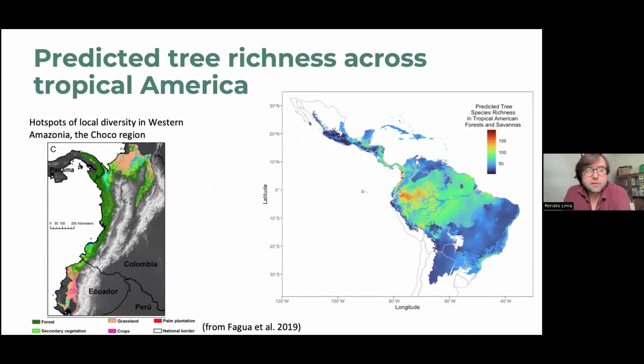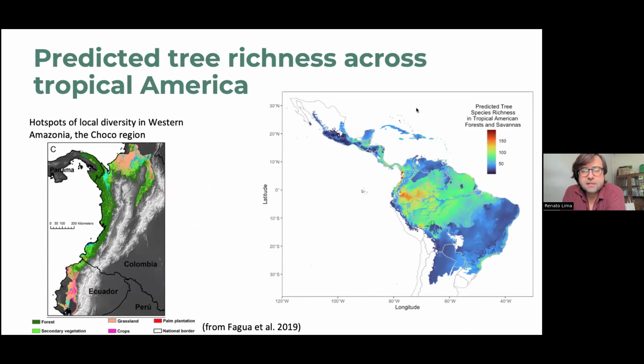So when we think about species diversity and particularly tree diversity in Latin America, we always think of the Amazon, and we could confirm that Western Amazon has a really large number of species, but not only the Amazon, right?